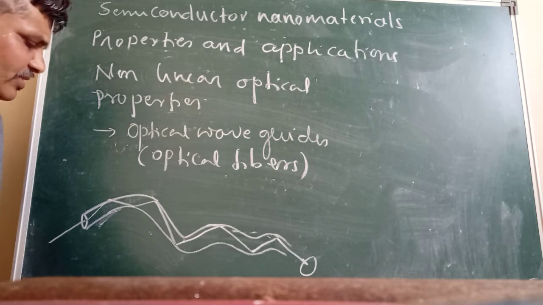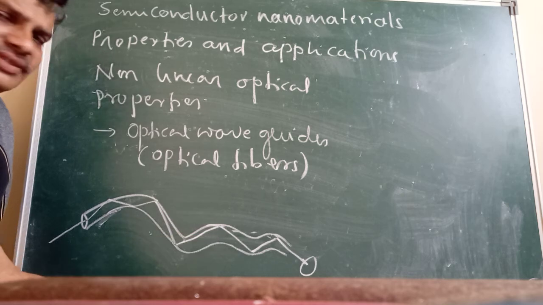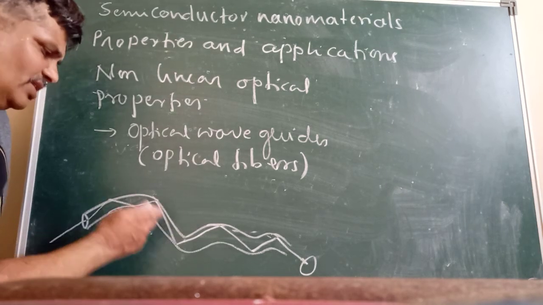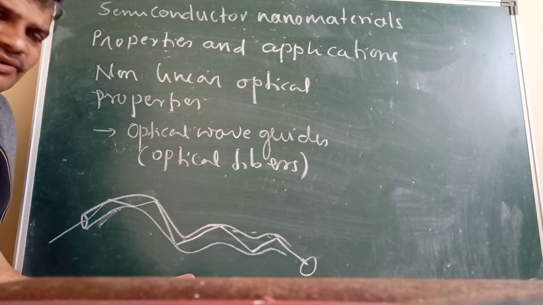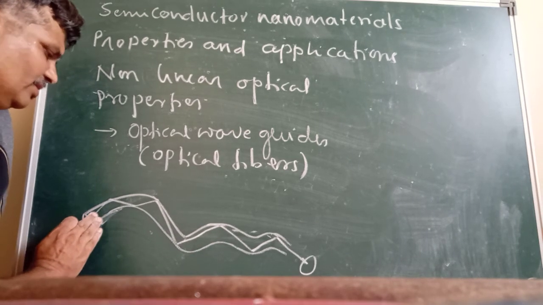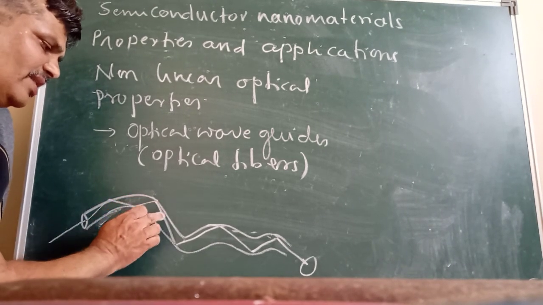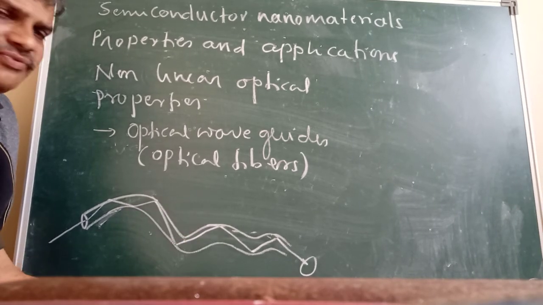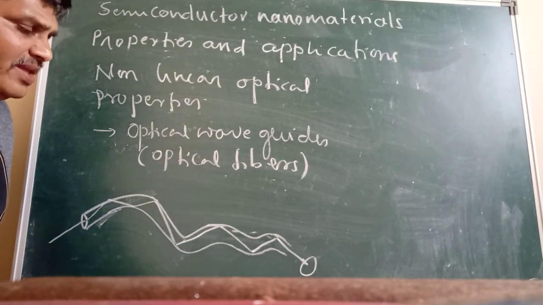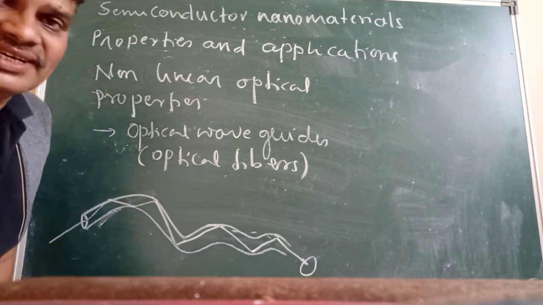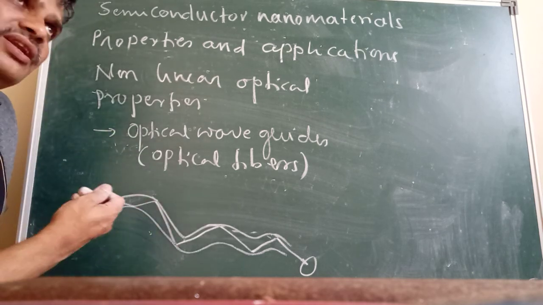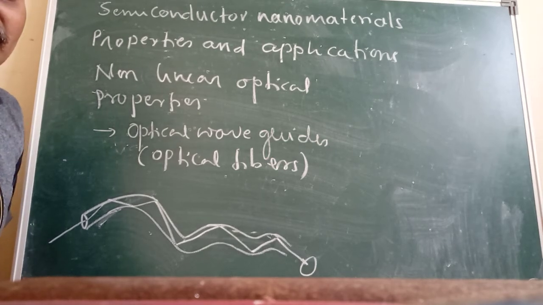For that purpose, first we use ultra pure glass or plastic as the material, and we vary the refractive index as per the need, as per the quality of signal required and how much length we have to send the signal.